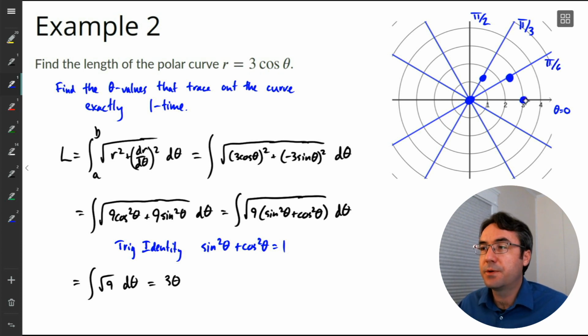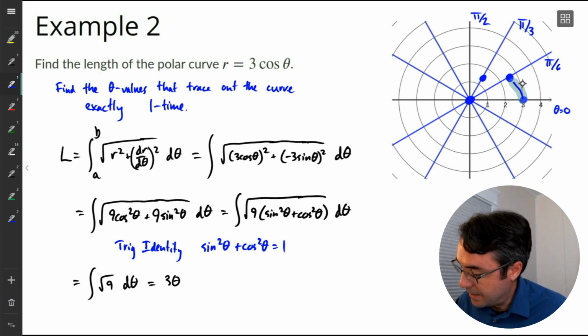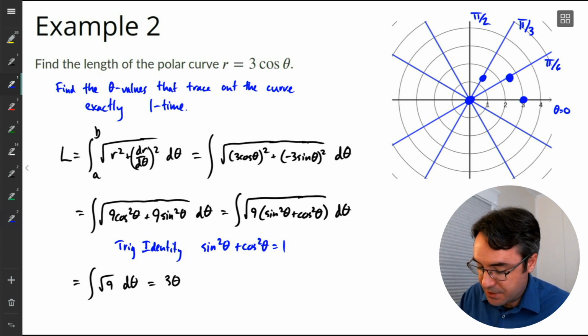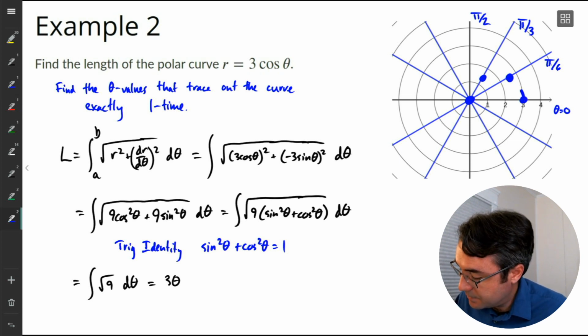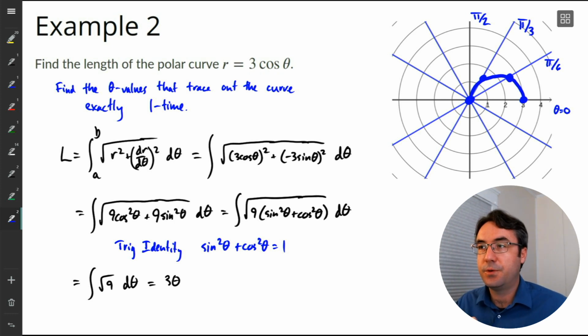And so going from 0 to pi over 2, counterclockwise, we're going to trace out this portion of the curve. And we've done this one before. And what we saw is that it's a circle. So going from 0 to pi over 2, we've just traced out half of the circle.